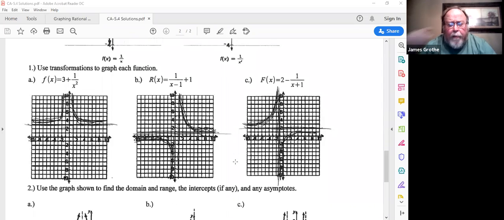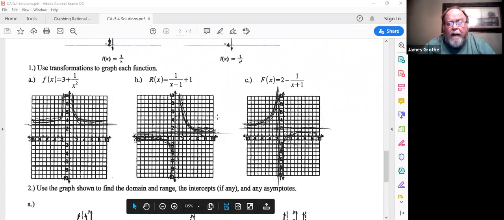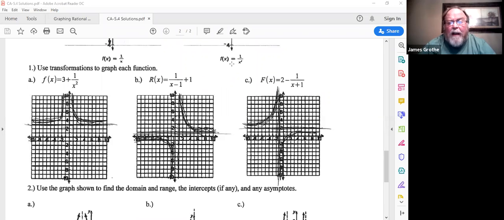And finally, the third example has actually a three-part transformation. We've got 2 minus 1 over x plus 1. So let's start with the rational expression 1 over x plus 1. Just the opposite of what we saw in the previous problem, where we had 1 over x minus 1. Remember, subtracting 1 from the x increased the x values, moving everything to the right one place.